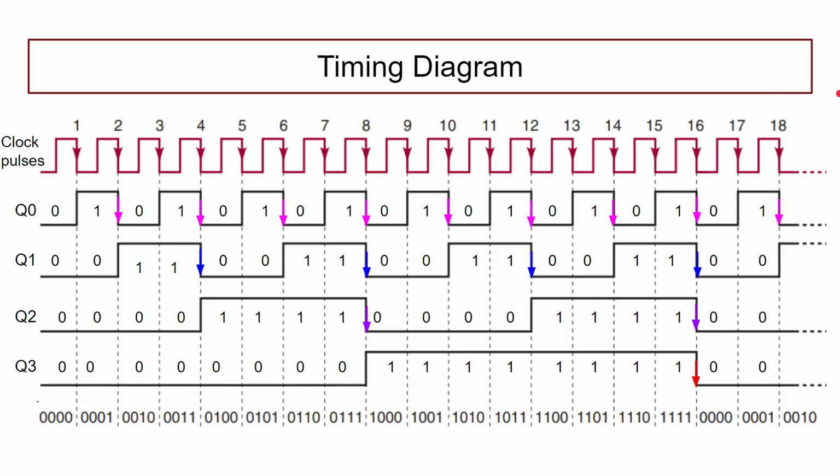The arrowhead indicates that there is a negative transition happening in the clock pulses and also in all the outputs of the flip-flops.